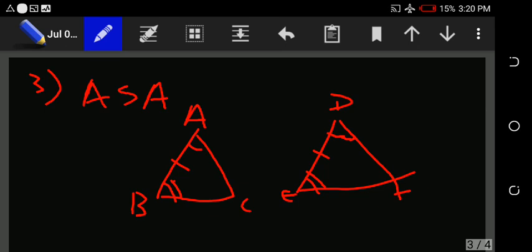Then we can say that these two triangles are similar because they have two angles equal and one of the corresponding sides also equal.